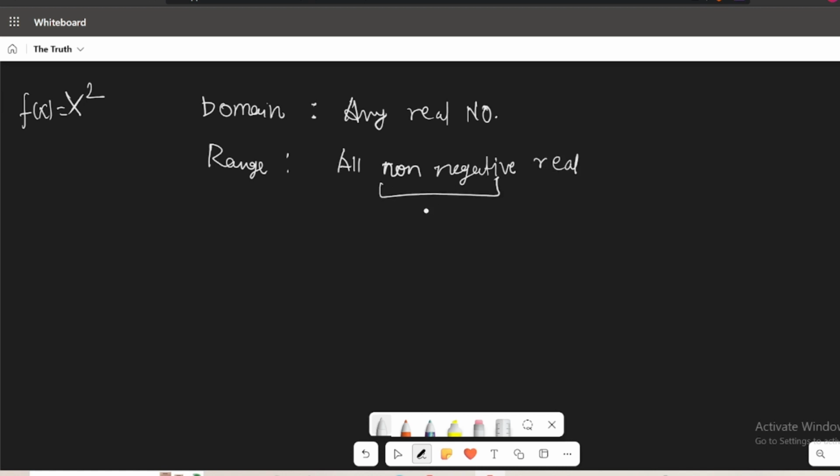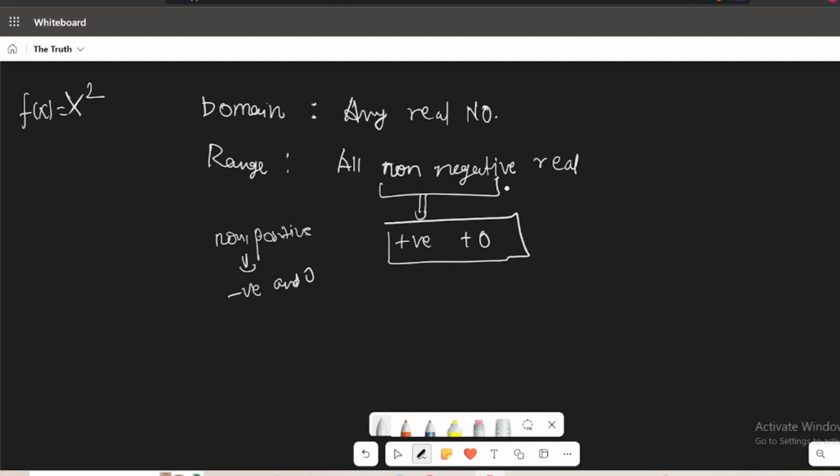Because non-negative means positive plus 0. Similarly, non-positive means what? Negative and 0. So range will be what? All negative real numbers.